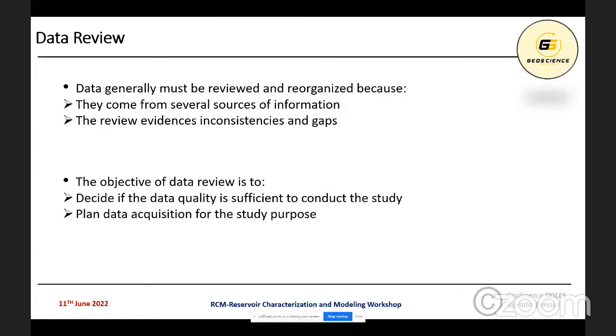Let's say that a company made a field development plan and drilled 5 wells to produce for 10 years. After 10 years, the company will do another field development plan by drilling 9 wells.